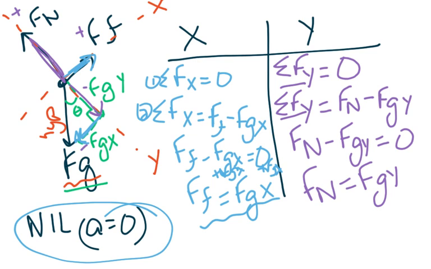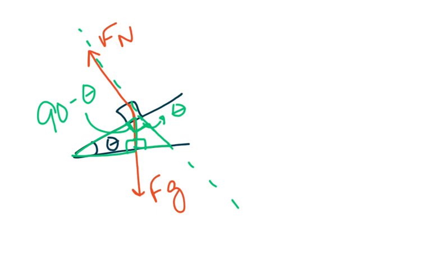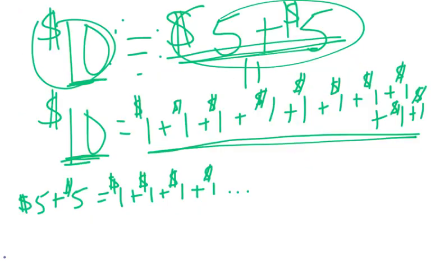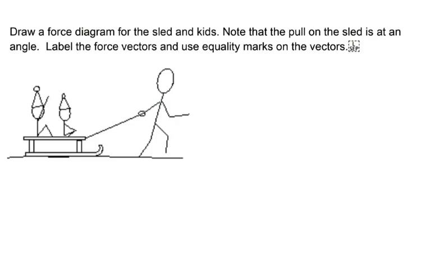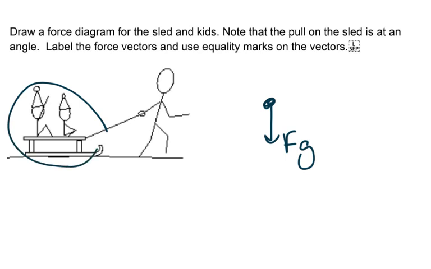All right, let's look at one where the surface is not tilted. Here it is. All right. Force diagram should have been the gravitational force that's acting down on the sled. Sled interacts with the rope. The rope interacts with the person. So we call that a force of tension.